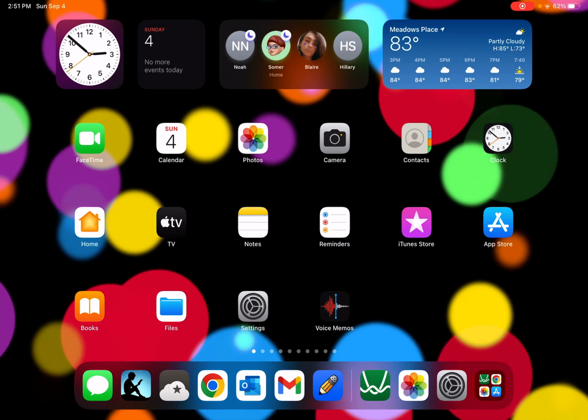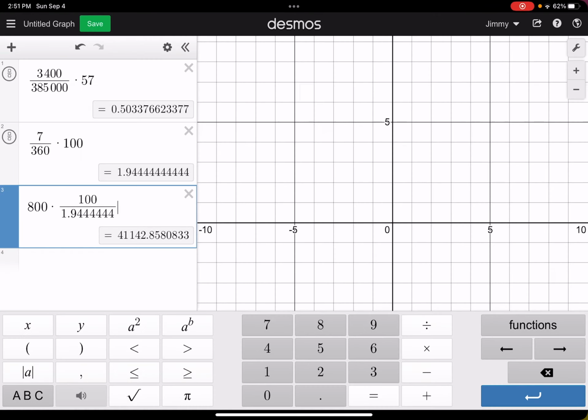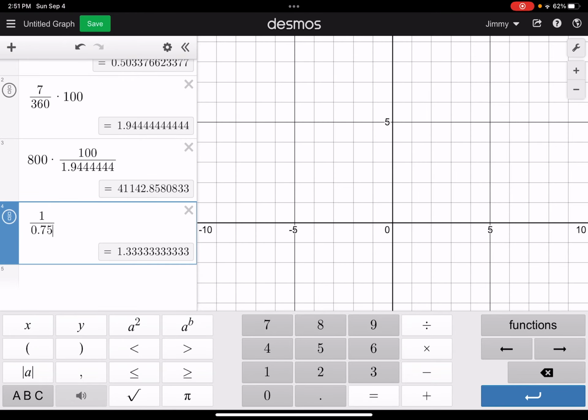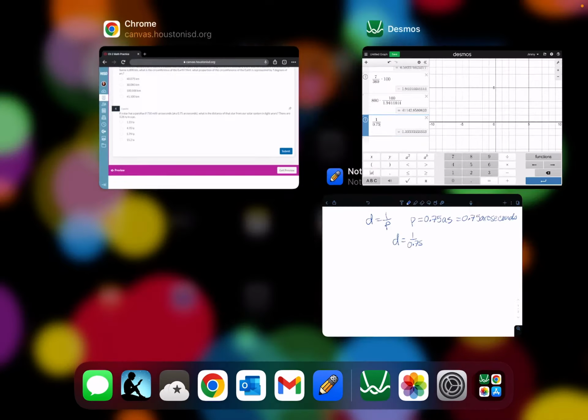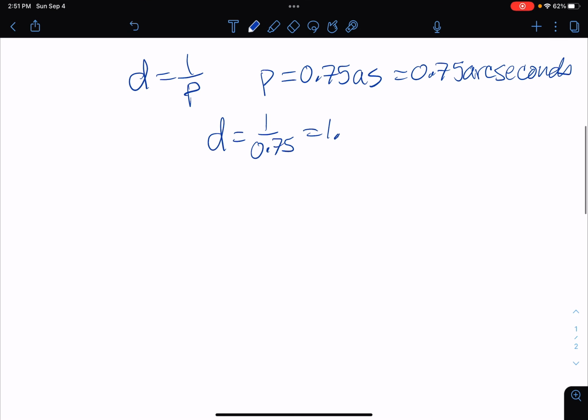So in order to convert this from parsecs, well, let's go ahead and do that first. Let's actually get that number. 1 over 0.75, not over 75. So that's 1.33 parsecs. So dang it, y'all. Sorry. That's 1.33 PC for parsecs.